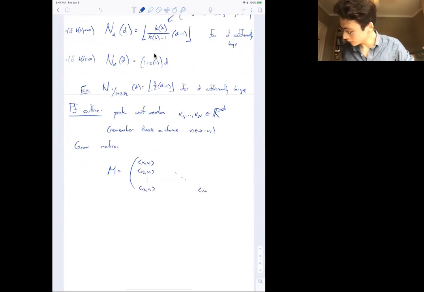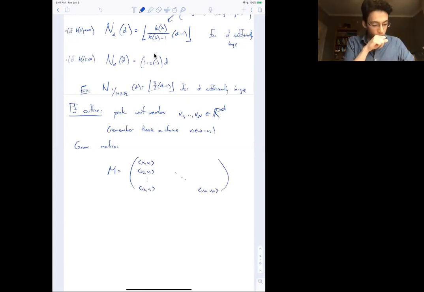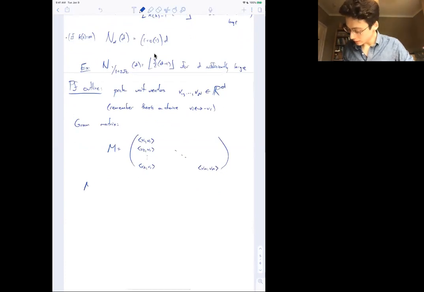Of these n vectors. So the fact I need about this Gram matrix is that M is positive semi-definite.